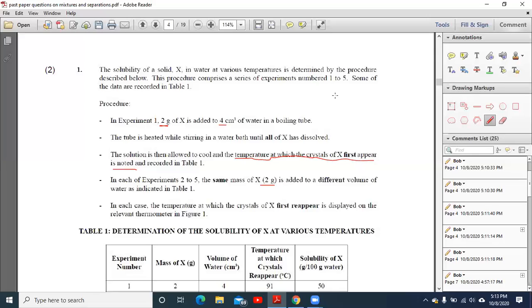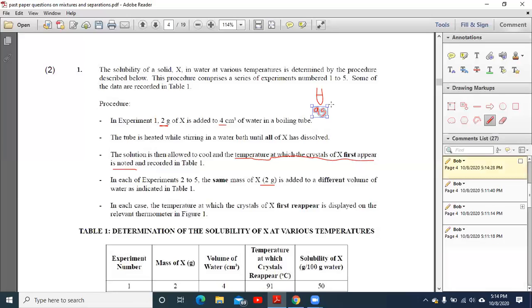So at first, you have your test tube with your crystals there, and it's heated up to a high temperature. Let's say, for example, you heat it to about 95 degrees Celsius.